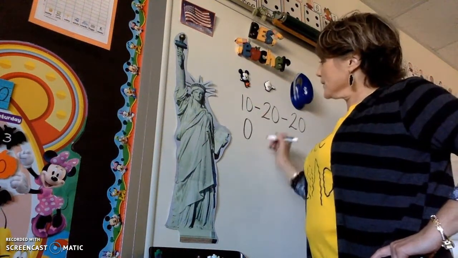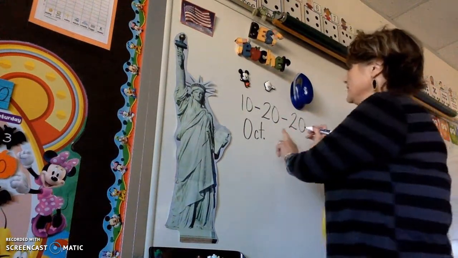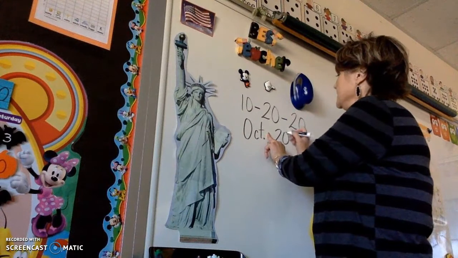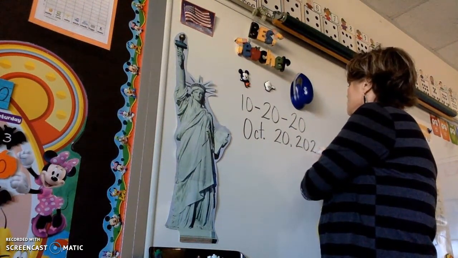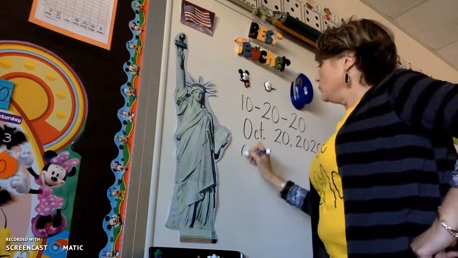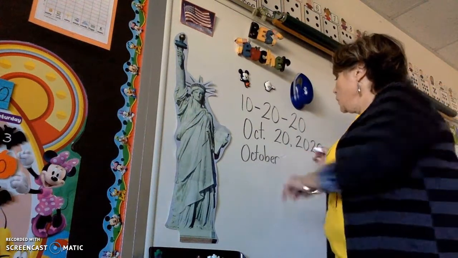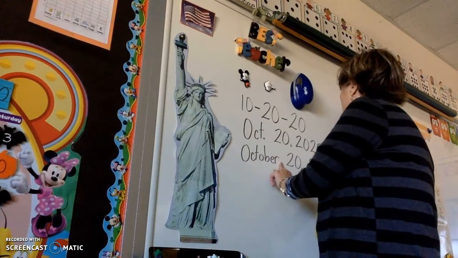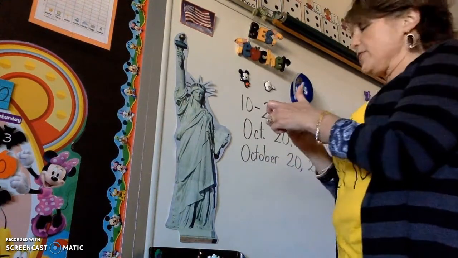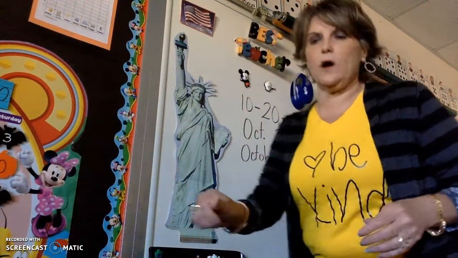October starts with an uppercase O, lowercase c-t, period, finger space, 20, comma, this is cool too, 20, 20. And now we'll write out October. October starts with an uppercase O. That is a cool date today, October 20th, 2020, isn't it? So cool.